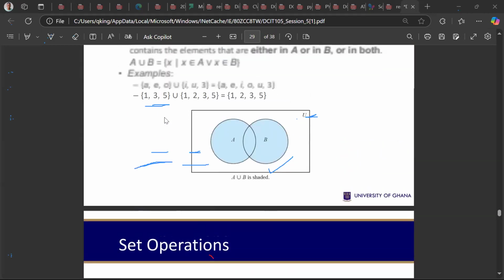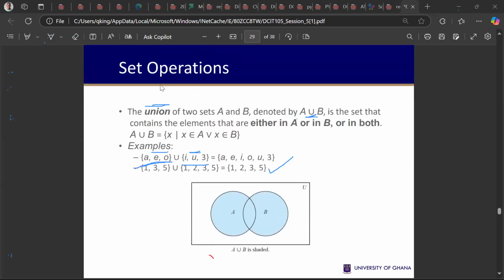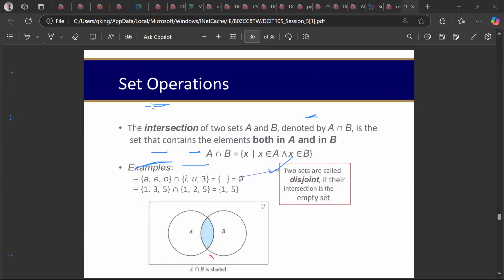Okay, so having discussed the union operation, we want to look at the next set operation, which has to do with intersection. The intersection of two sets is denoted by the N symbol that is being seen here.